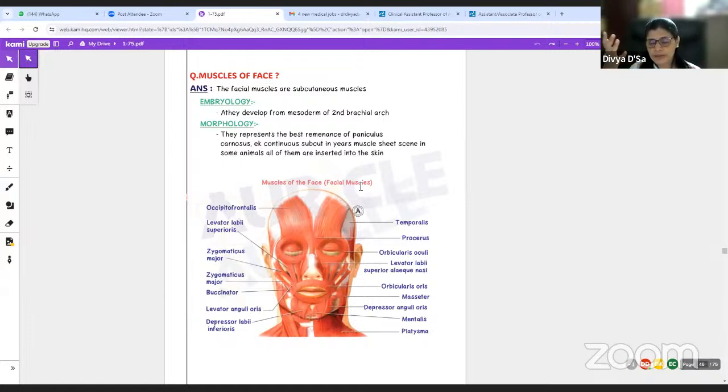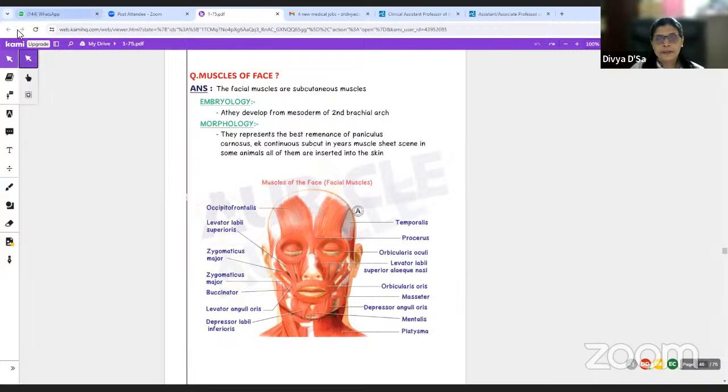We have hands for finer movements, so we don't need the panniculus carnosus as such. Those muscles are there, but these facial muscles are subcutaneous, and we consider them to be the remnant of the panniculus carnosus.